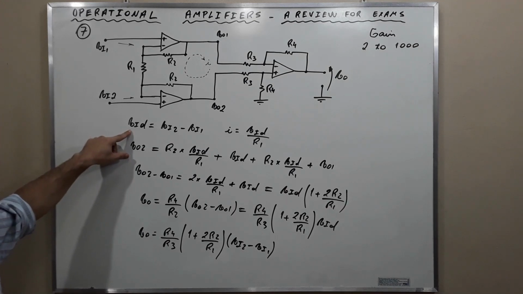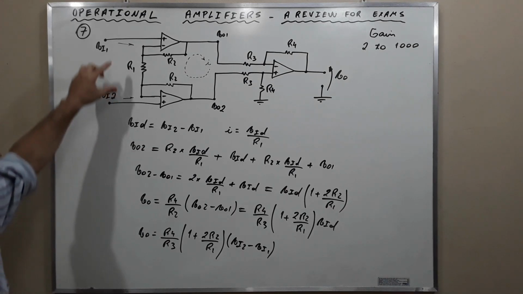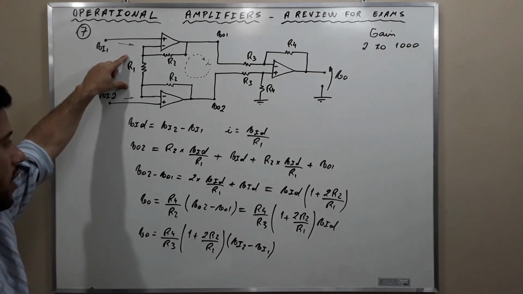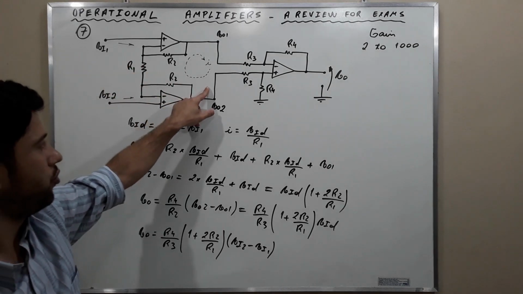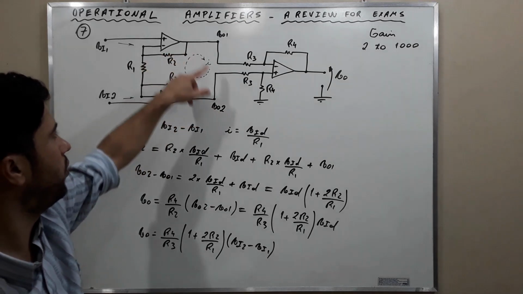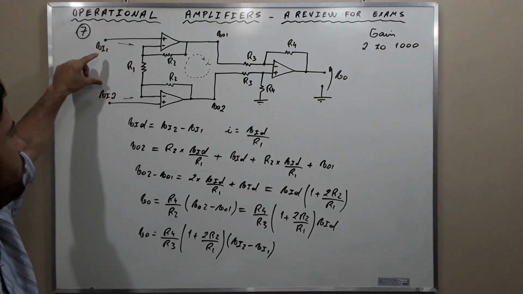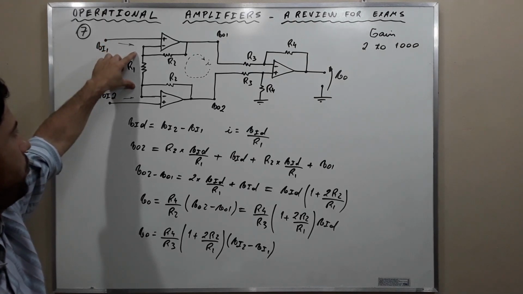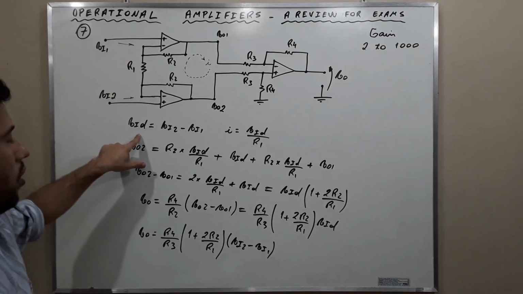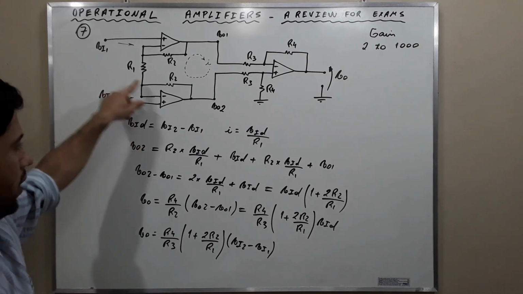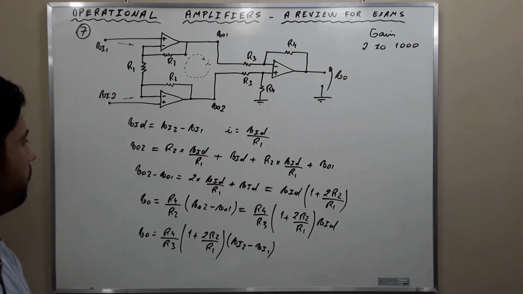Firstly, we understood why VID appears across R1. Okay? And secondly, we understood that the current that flows here is the division between the potential difference, the difference between the signals, we are calling this difference VID, divided by R1. And this is the current, okay?